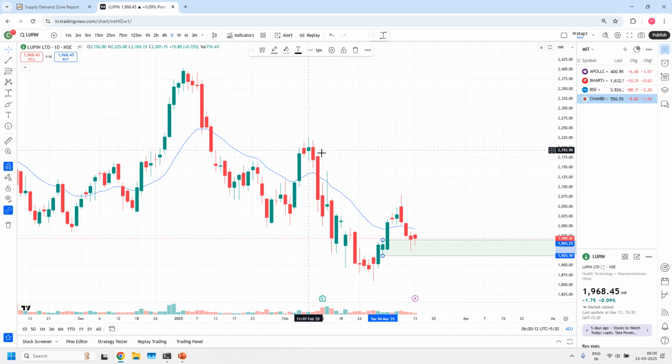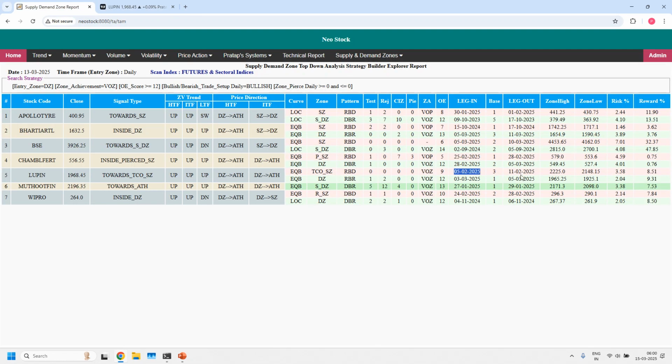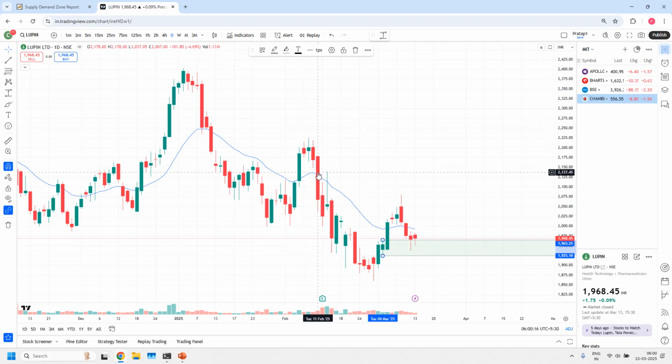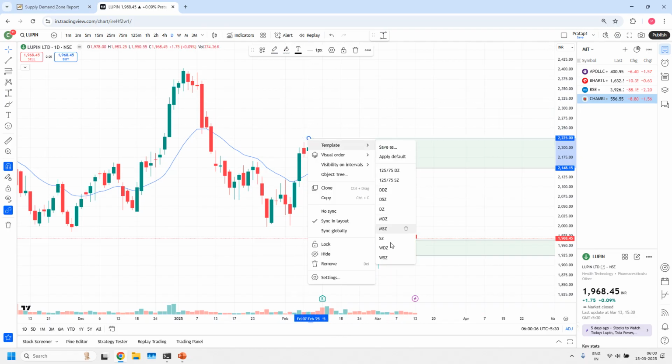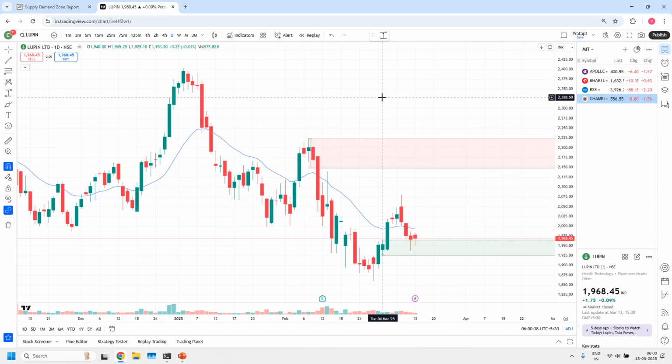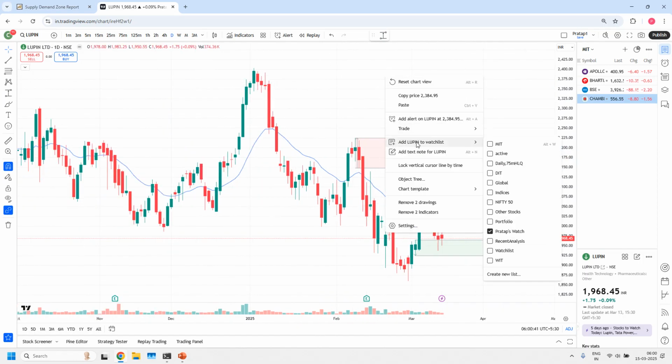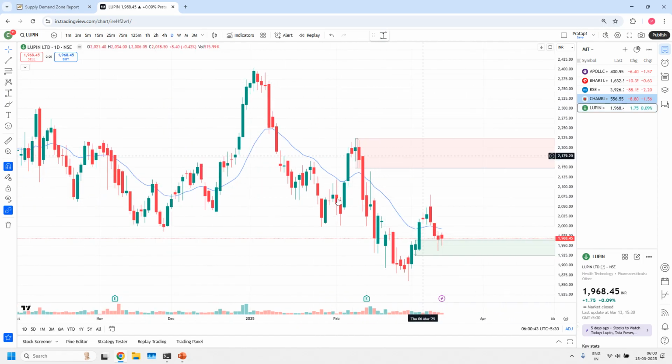This is the one, rally three base candles. Yeah, 11/2/2025. This is the supply zone, daily supply zone. So let me add Lupin into the watch list.